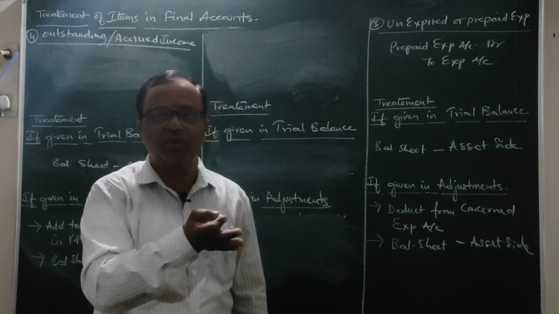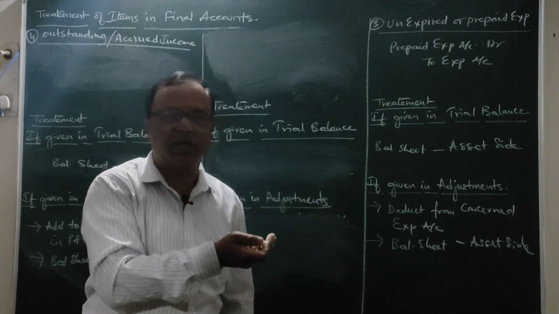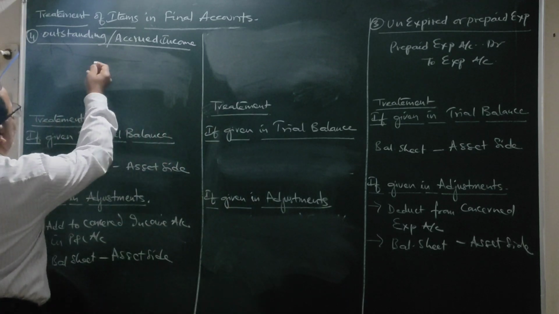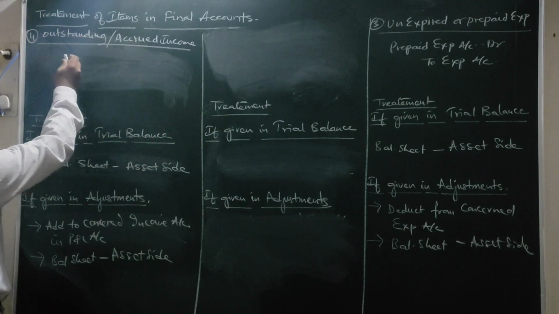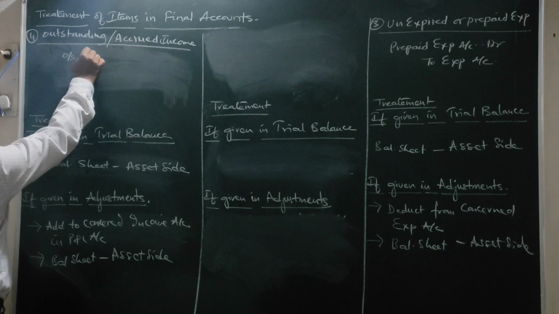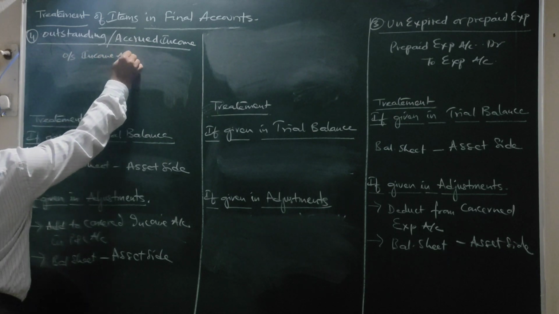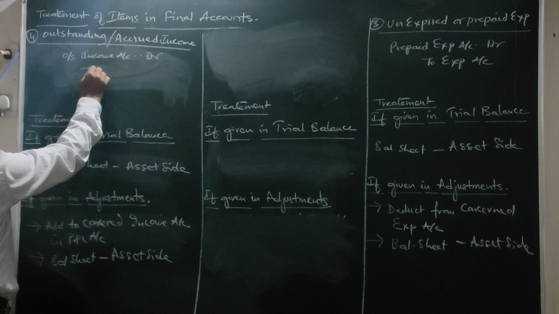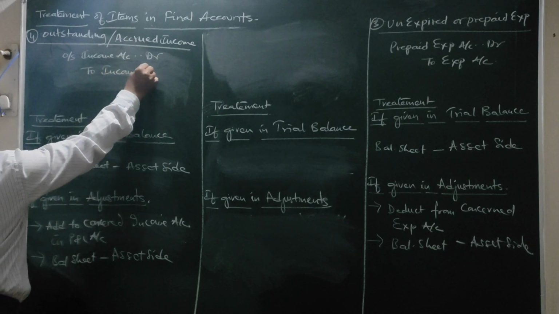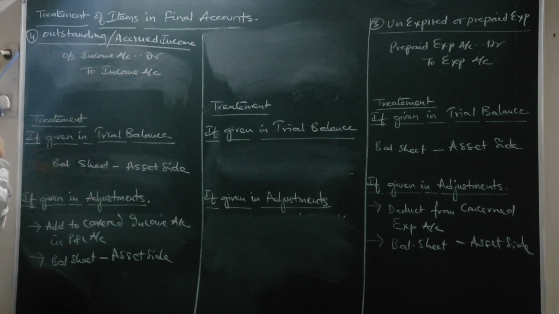Again we add to it, meaning we post it on the credit side. So our entry will be: Outstanding commission account debit to commission. Simply, outstanding income account debit to income account. This is the entry we write if asked.